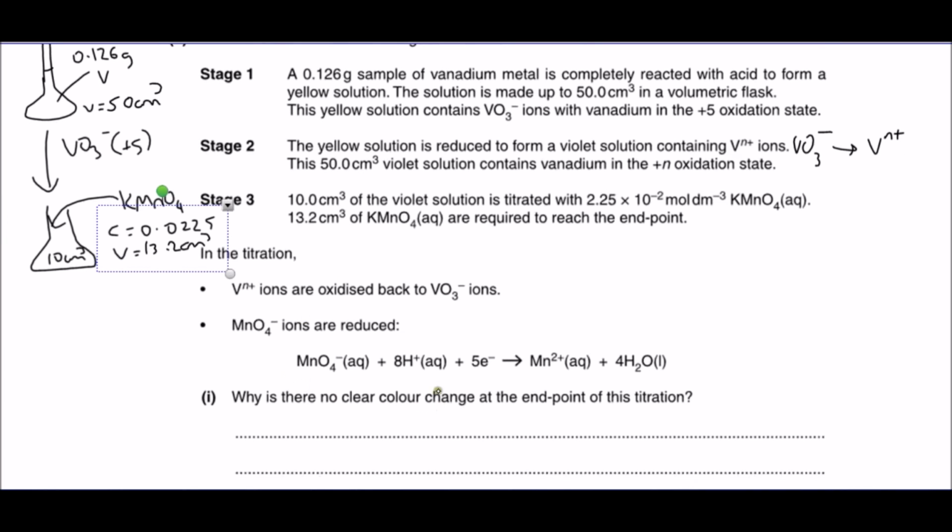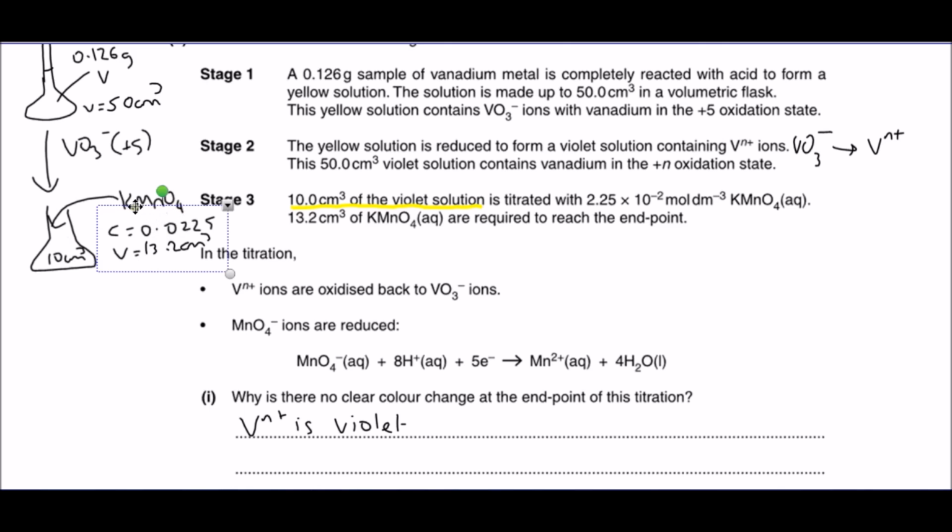So we've got, why is there no clear colour change at the end point of this titration? What you think about is, in this 10 centimeters cubed, it says 10 centimeters cubed of the violet solution. So in this conical flask, we've got a violet solution, and to that we're adding potassium permanganate.